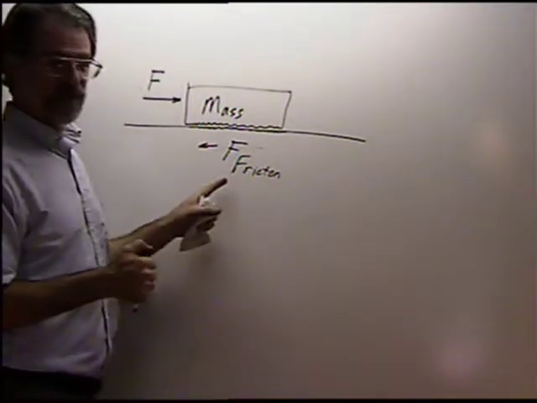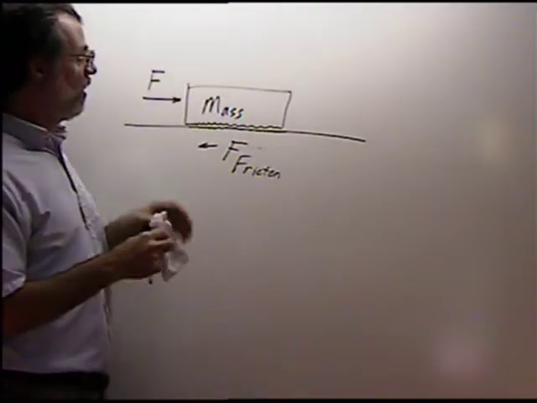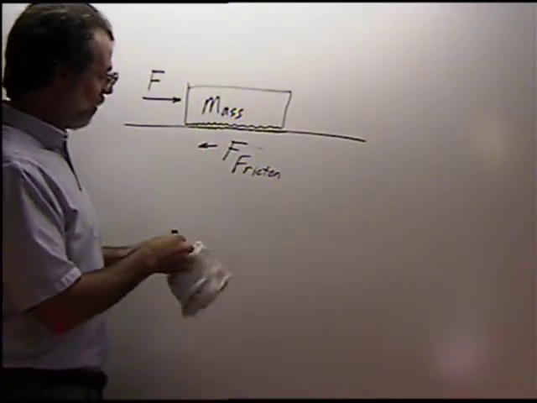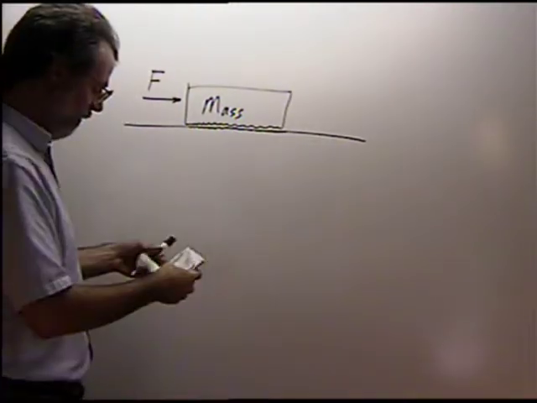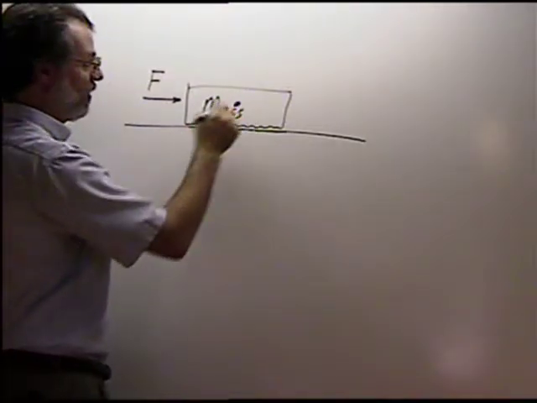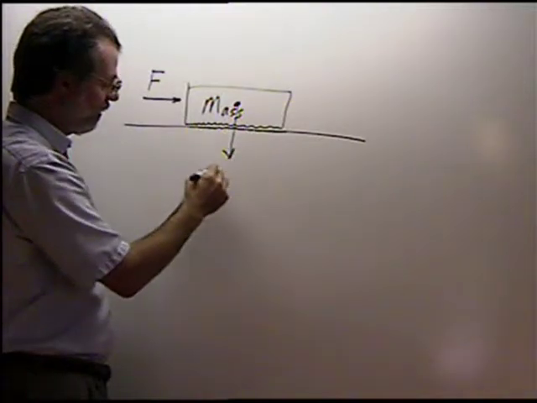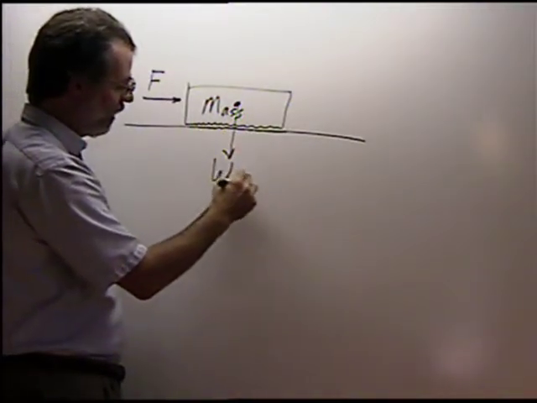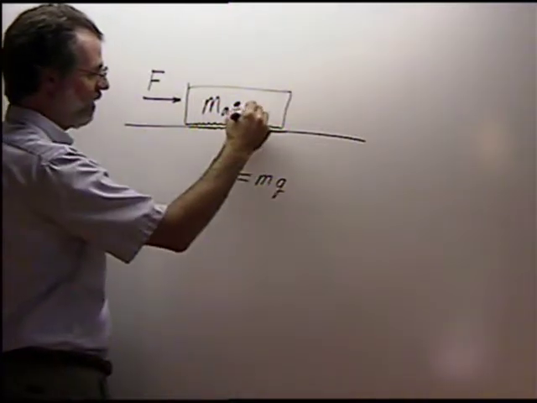Now, what is the size of this friction force? Well, it depends on the surface. Physicists a long time ago determined that the weight of this object has a lot to do with this friction. This object's weight acts down, and remember the weight is equal to m times g, the mass times g.